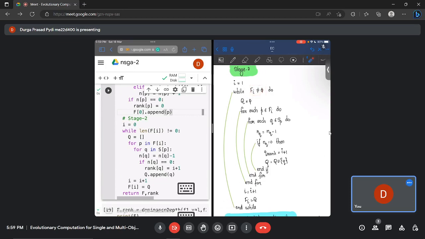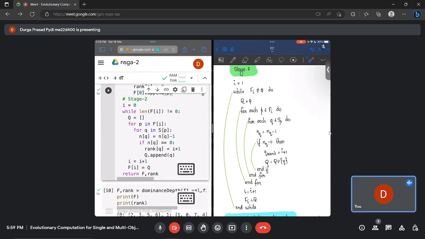So I've defined len, which will give you the length of that particular array or matrix. Here F of i will give you that particular matrix, and you are saying the length of that is not equal to 0. Then you define Q, which is initially a null set, and then you iterate over the F of i for that particular front. So that is this particular statement. For p in F of i will take each and every individual from the first front.